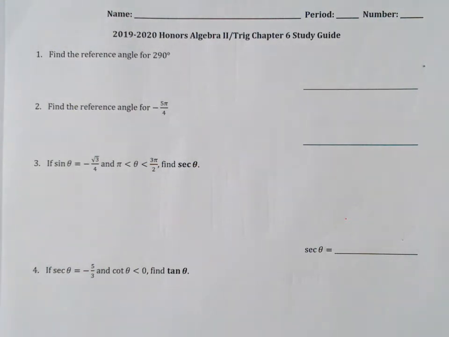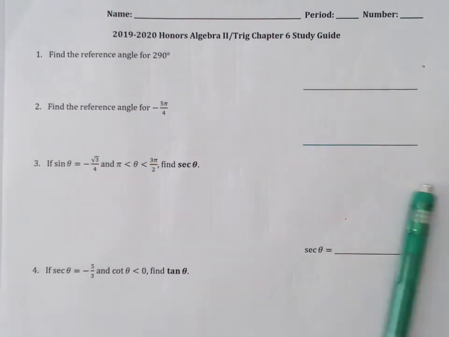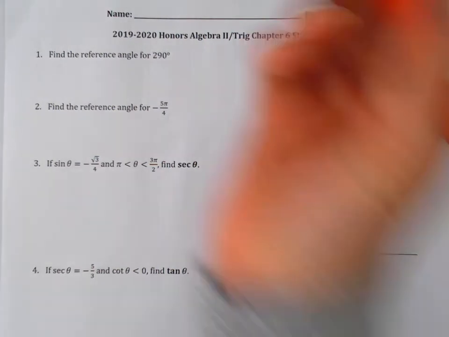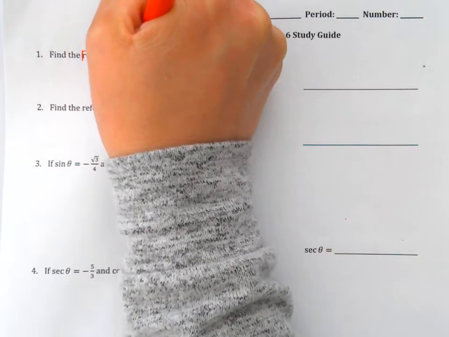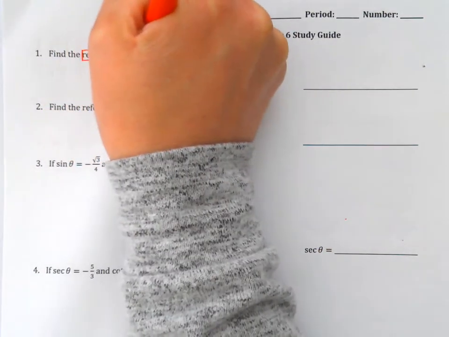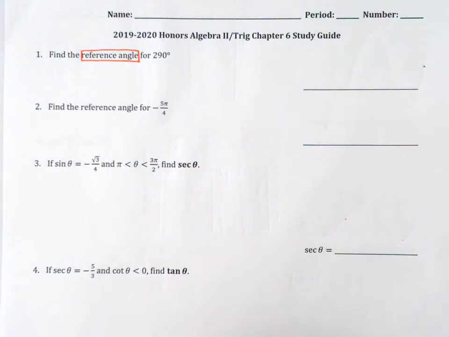Okay. So number 1 says find the reference angle for 290 degrees. Now remember the reference angle, what that's looking for, basically you're looking for the acute angle. Acute angle means between 0 and 90 degrees.